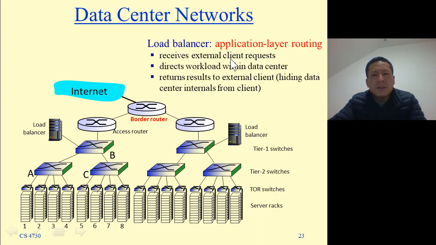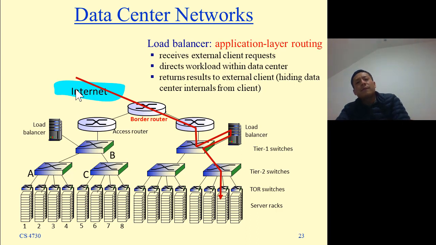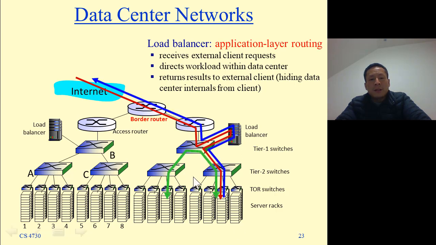For the load balancing, what it does is application layer routing, which means that whenever you receive an application request, it goes to the load balancer first, and the load balancer will assign you to a specific rack. And if the rack is too busy, then it may coordinate with different racks' machines, and they can distribute the work and computation tasks, get it done, and then respond to the outside world.